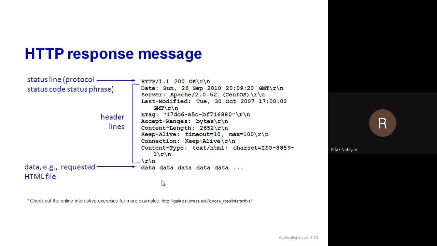Okay. Now, status code and status phrase. Did anybody see 404 File Not Found anytime? Yes, sir, very common. Many times. But did you see 200 OK? No, sir. Why?